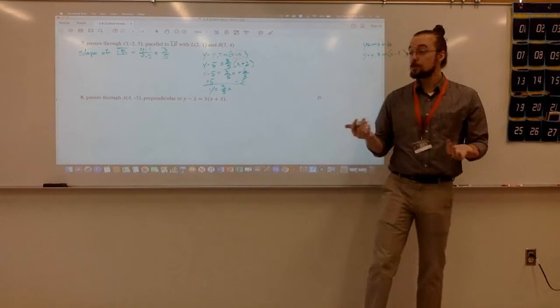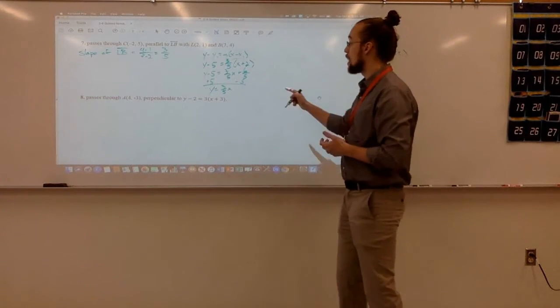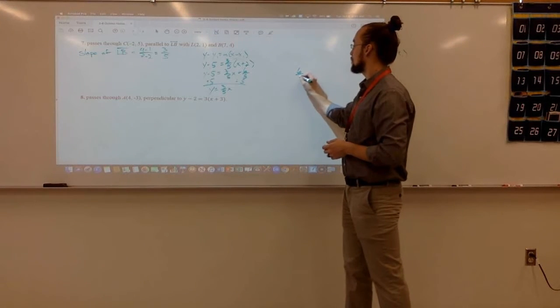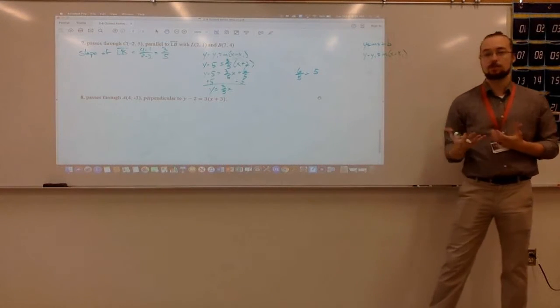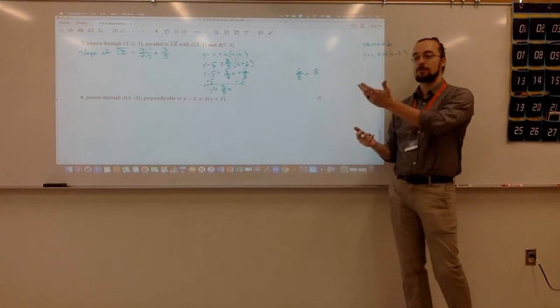Right, so if we want to do this by hand, we need to have common denominators. So if I want to do 6/5 plus 5, I need to change 5 into having a denominator of 5.